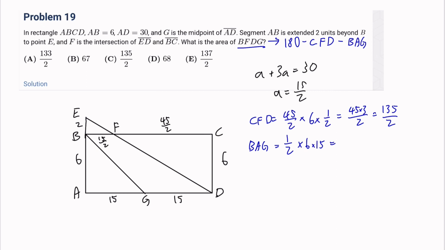This is 3 times 15, this is 45. And what is the area of BFDG? This is 180 minus this much, which is 135 over 2, and minus 45. This equals 135 minus 135 over 2, which equals 135 over 2. So the answer is C.